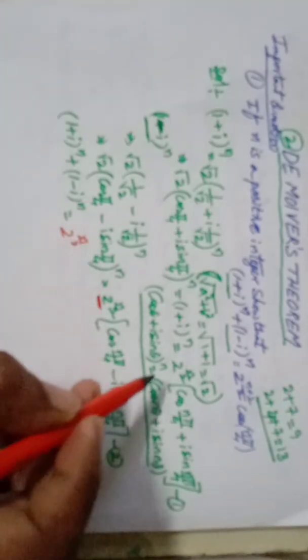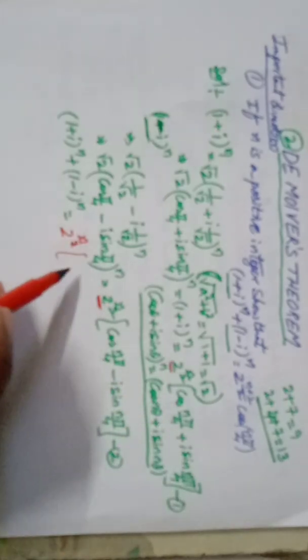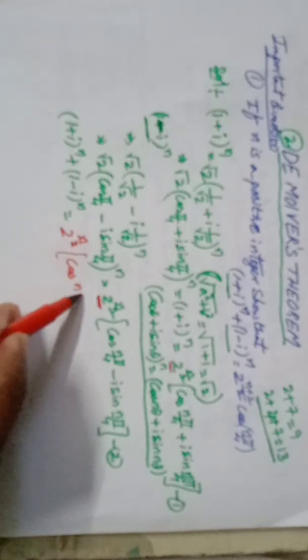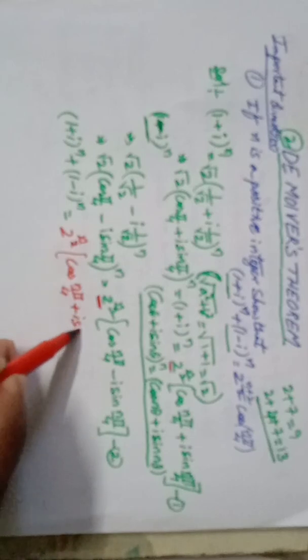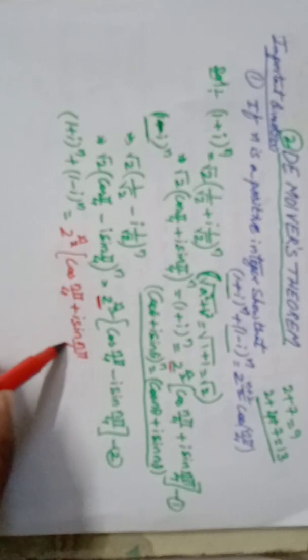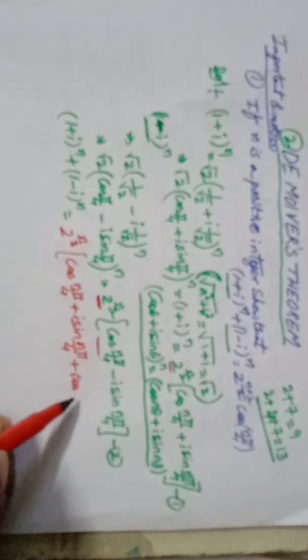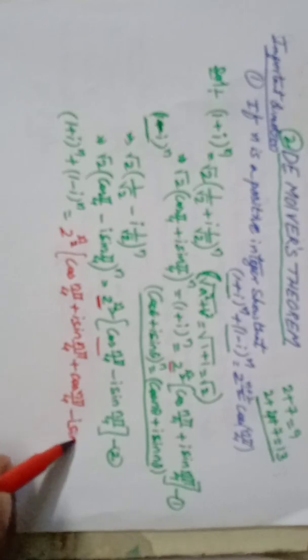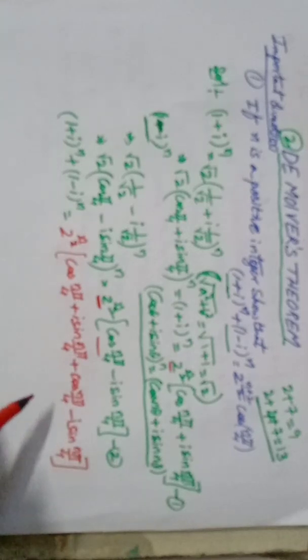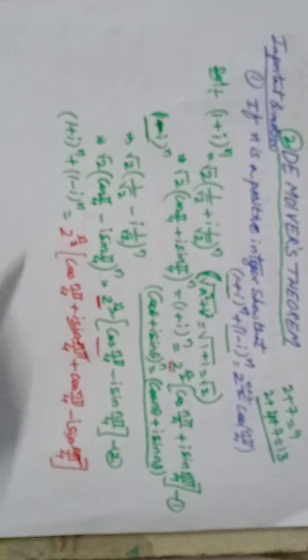So what do we have here? Cos n pi by 4 plus i sin n pi by 4 plus cos n pi by 4 minus i sin n pi by 4. So here i sin n pi by 4 and i sin n pi by 4 cancel.